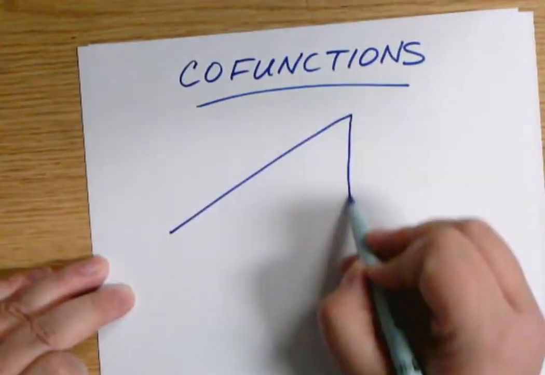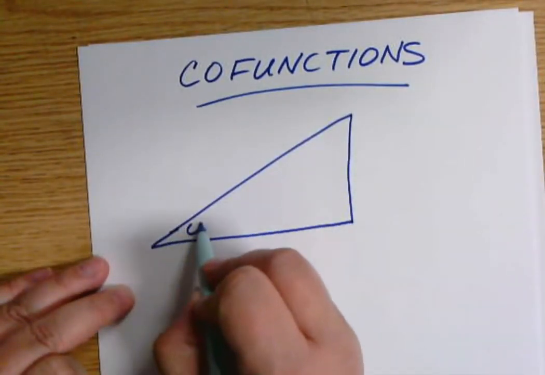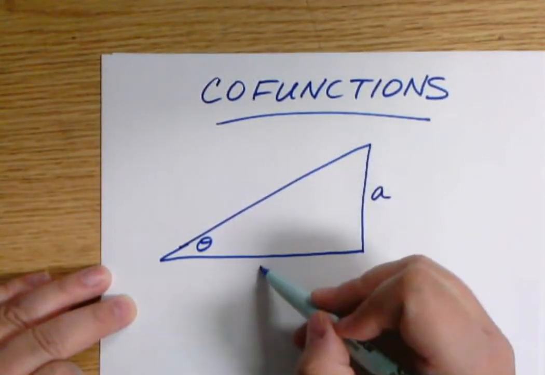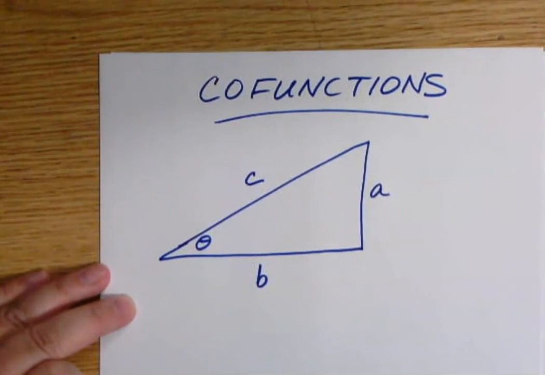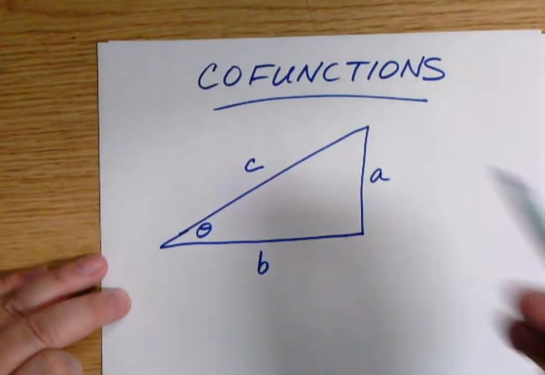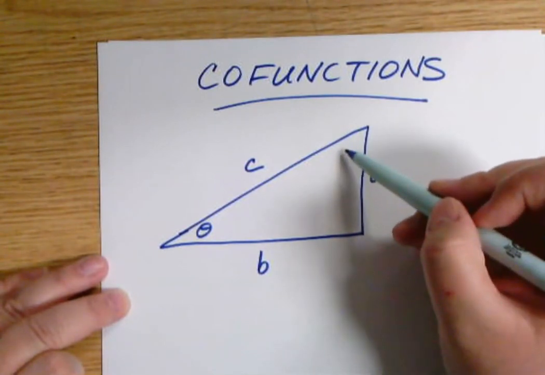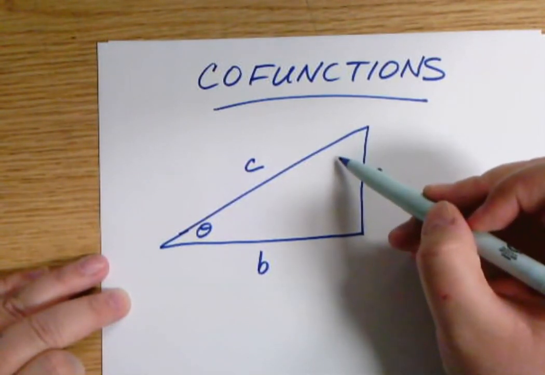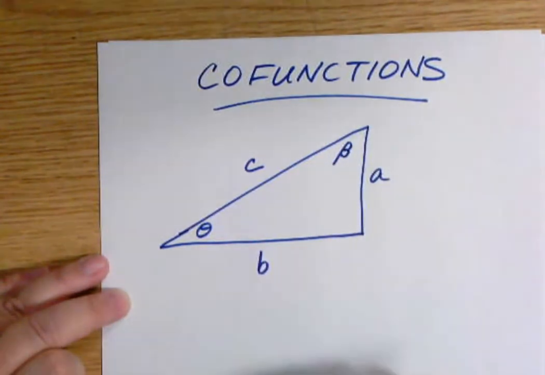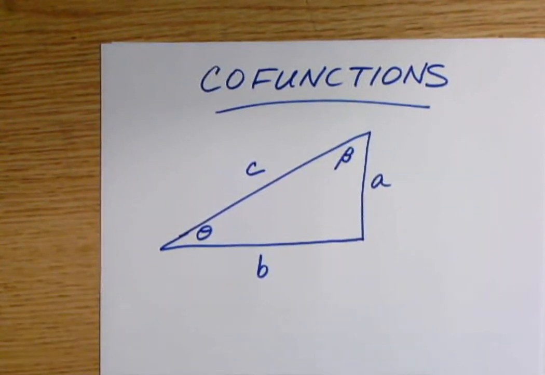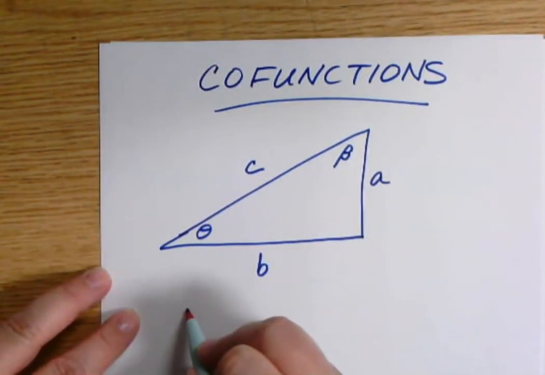Let's say I have an angle theta, and I'm going to say this side is A, this side is B, this side is C, right? And let's say I have another angle. Let's call this angle, how about beta? We like to use Greek letters for angle names. It's a thing, okay? So what is the sine of theta?